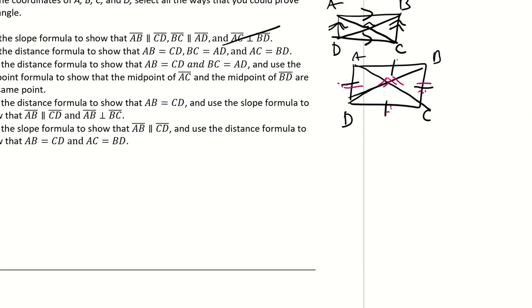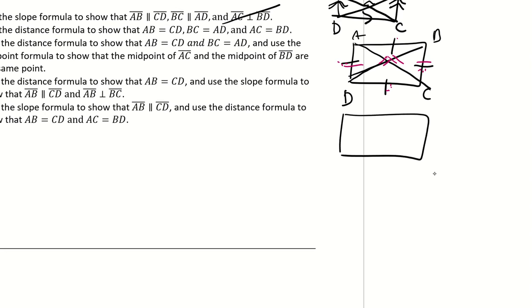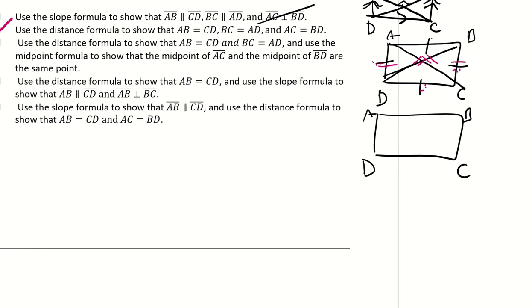Use the distance formula. So let me draw this out. ABCD. Use the distance formula to show that AB equals CD, and BC equals AD, and use the midpoint formula to show that the midpoint of AC and the midpoint of BD are the same point.